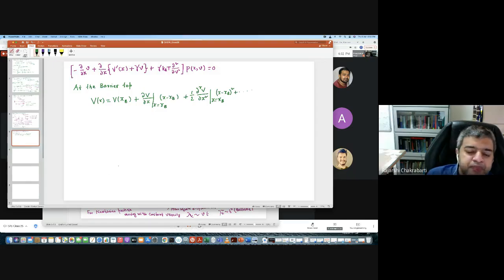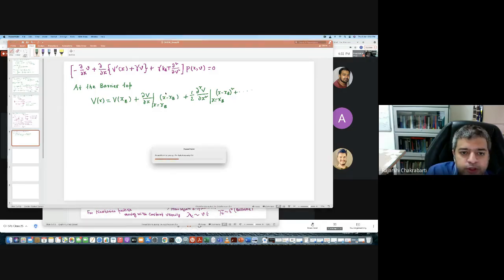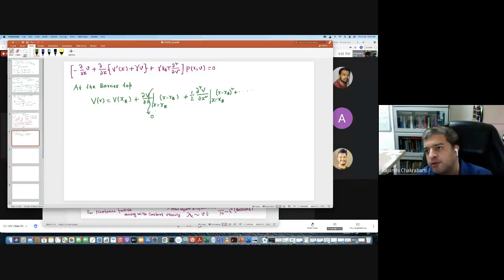Now, as you know, this is zero at the barrier top, maxima or minima. And the barrier top has a curvature which is negative curvature.